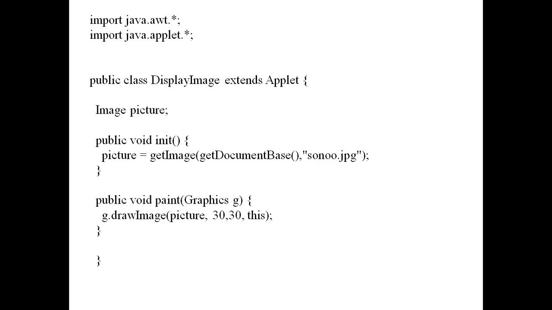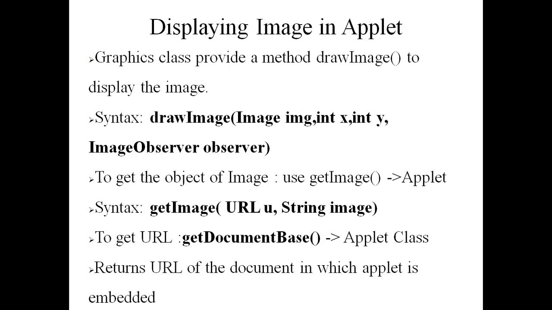This method will return the image object of sono.jpg. Now this picture will be used inside the drawImage method for displaying. So drawImage has got four parameters as I said earlier: the object of Image, the X and Y position where the image has to be displayed, and the ImageObserver.